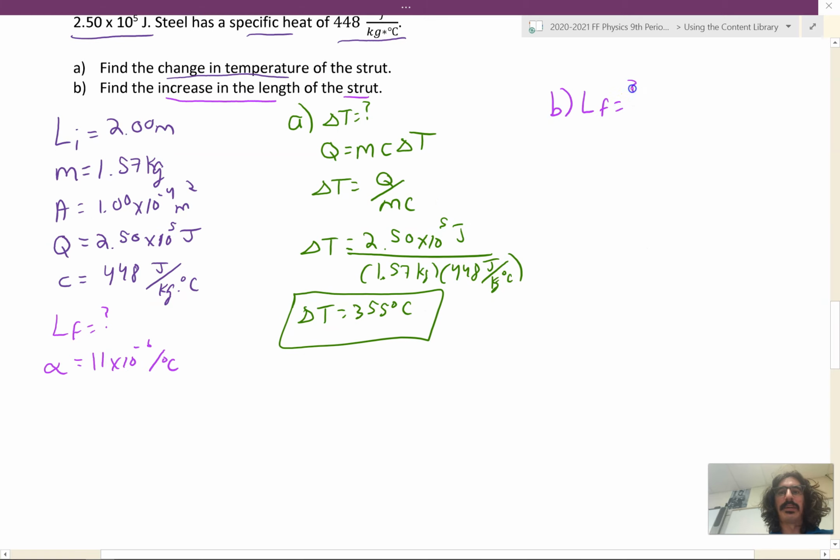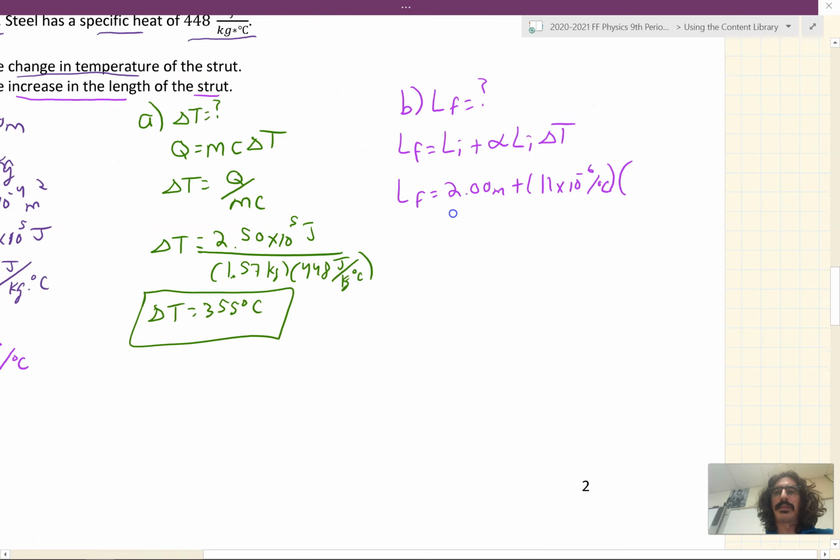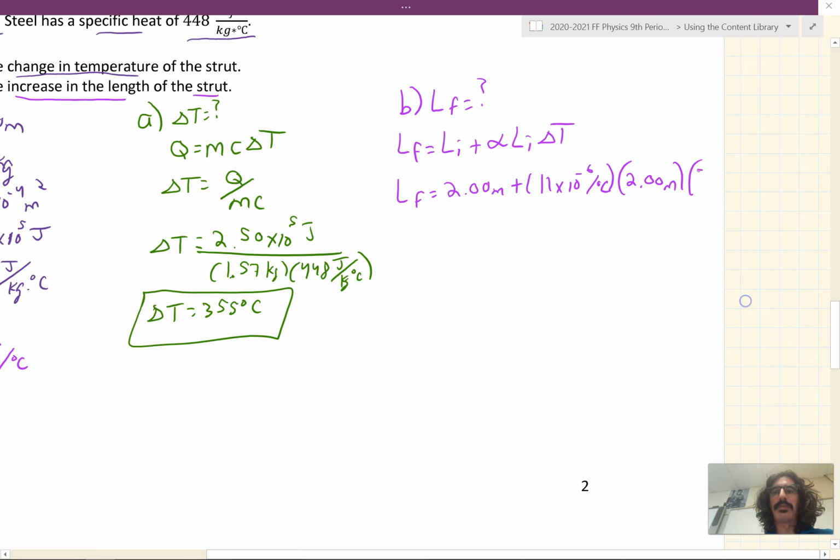We're finding the final length. We're going to go back to the formula we used before for linear thermal expansion. L sub F equals L sub I plus alpha Li delta T. And all we have to do is plug and chug because we're just solving for LF. 2.00 meters plus 11 times 10 to the negative 6 per degree Celsius times 2.00 meters, and then the change in temperature, 355 degrees Celsius.